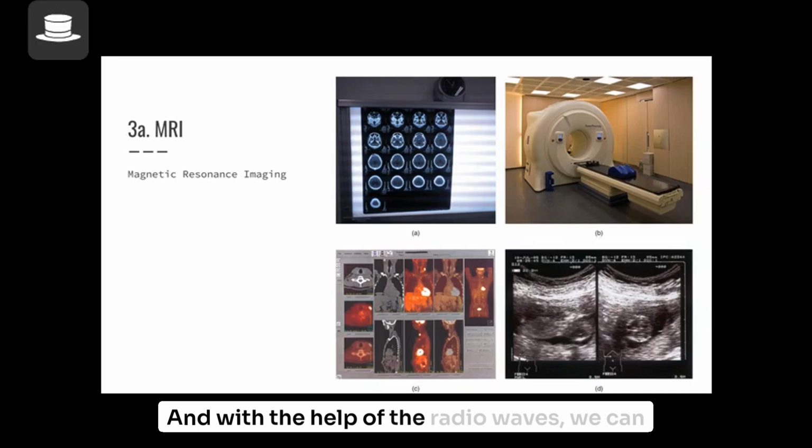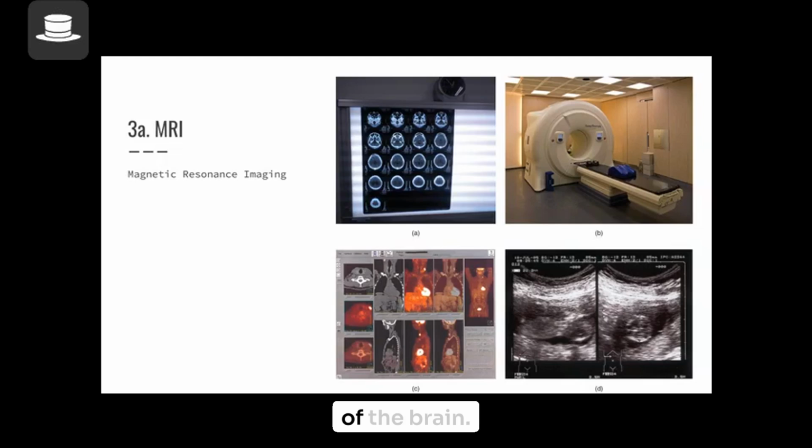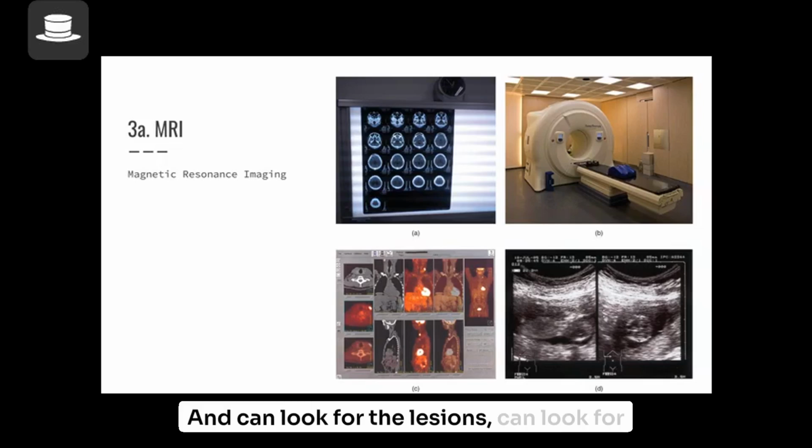And with the help of the radio waves, we can figure out the specific structures involved in the brain, and you can look for lesions, injuries, and smaller details in the brain. It's more like, just imagine pixel pictures. You can draw an entire image of, I don't know, the Eiffel Tower, let's say, by using pixels of information, right?